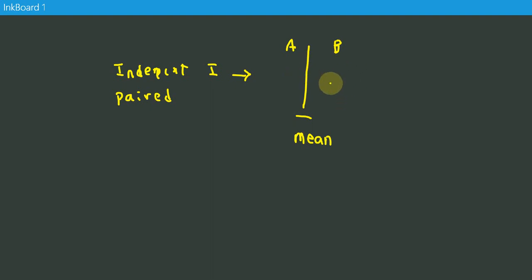If a difference in the two groups' average, the mean, is detected, then we can say that there is a difference, just a difference. The meaning of difference does not mean that there is something significant.